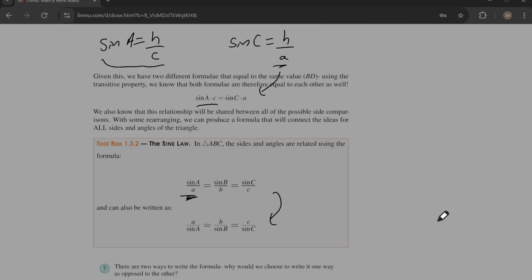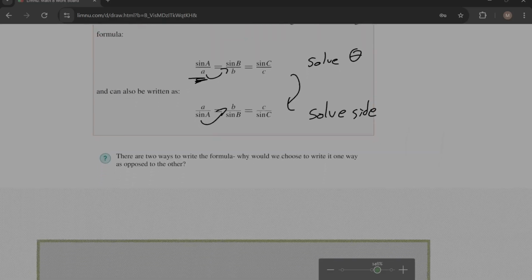And so having it where you can either put the angle on top or the side on top is nice, so that when you're solving for angles, you can use the one where all you have to do is multiply A over from the bottom. And if you're solving for sides, then use the one where our sides are on top, so you just have to multiply the angle over. That's really easy.